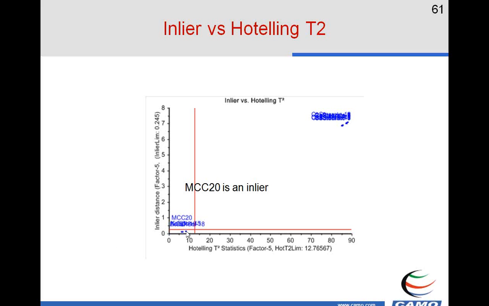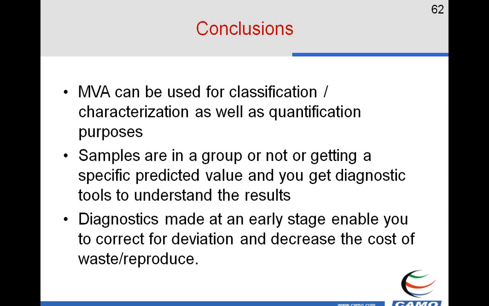We see that we have only 3 samples that are belonging here, and the empty sample actually is above this line, which means that it's an inlier, and all the foreign samples are outliers, so we cannot trust the fact that we get a value of 0.5. They should not be getting any value really.